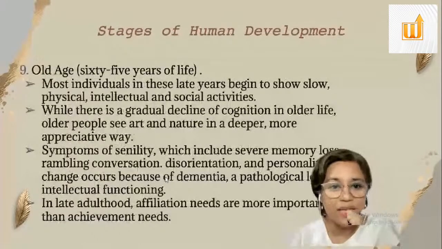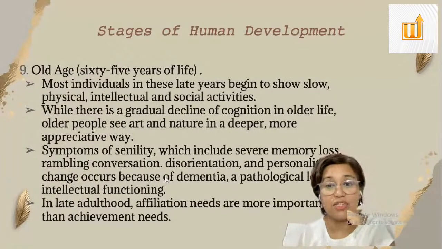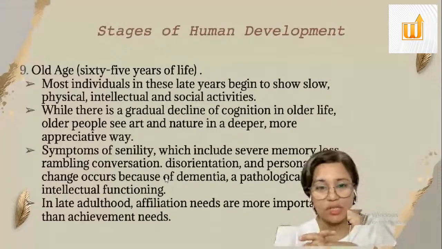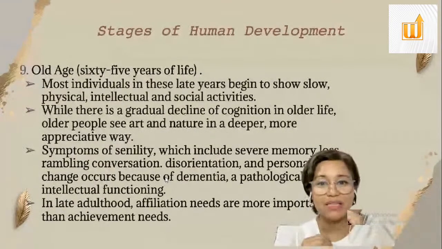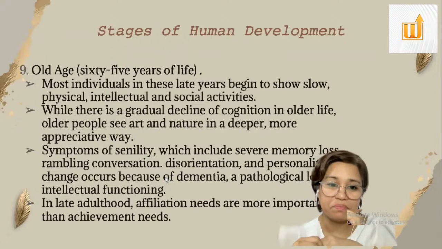And then the old age, 65 years of life. Most individuals in these late years begin to show slow physical and intellectual and social activities. There is actually a gradual decline of cognitive development in this older life. And so older people will see art in nature in a more appreciative way.